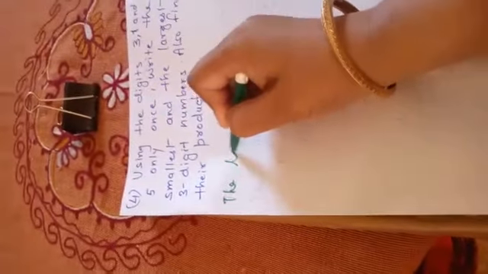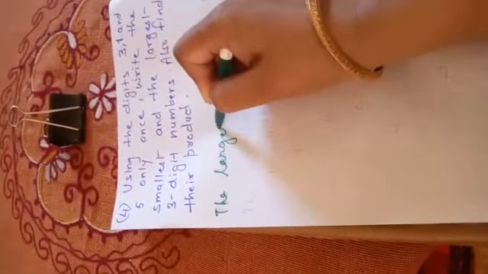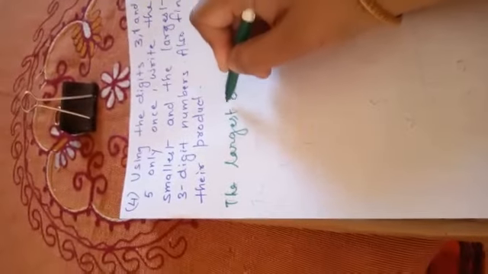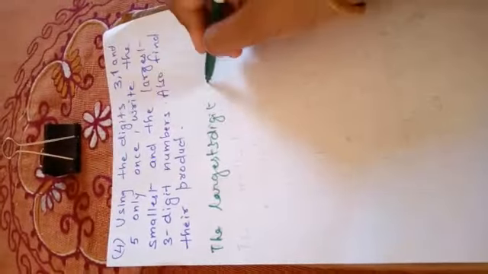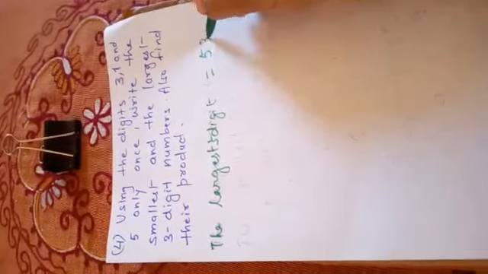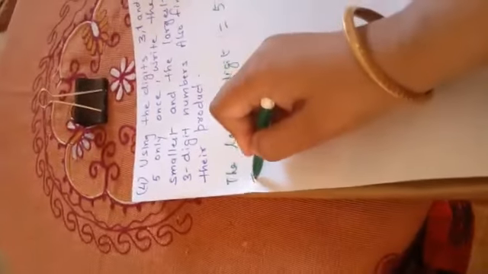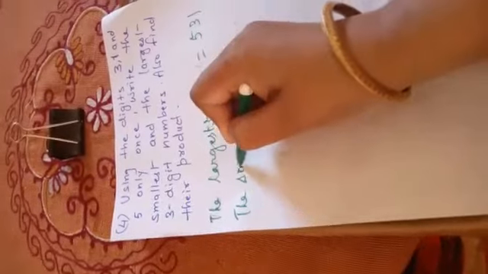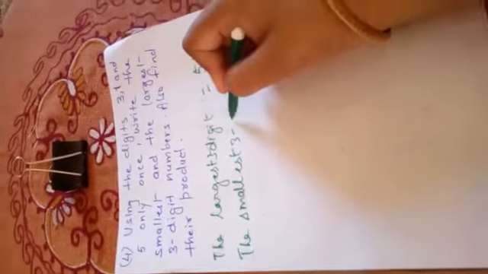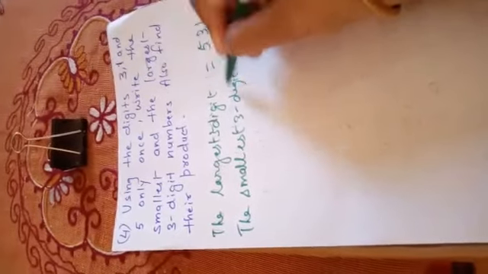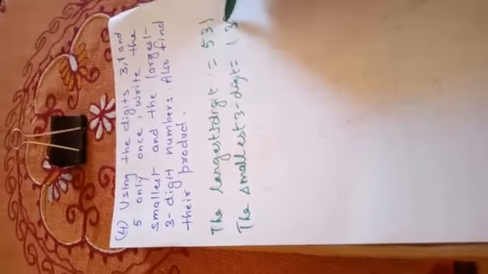The largest 3-digit number using these 3 digits 3, 1, 5 is 531. And the smallest 3-digit number is equal to 1, 3 and 5.